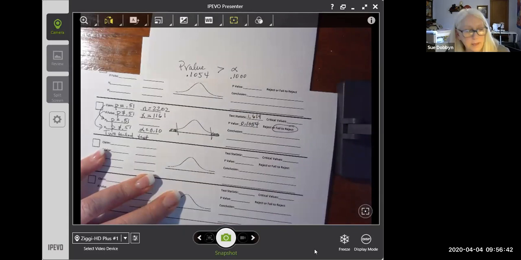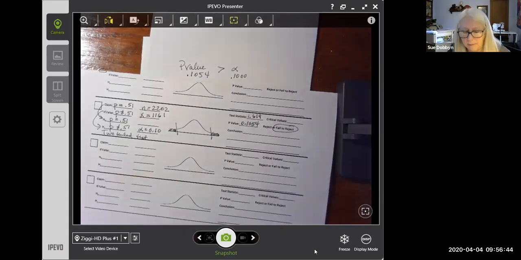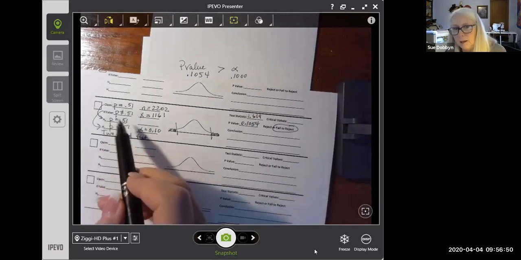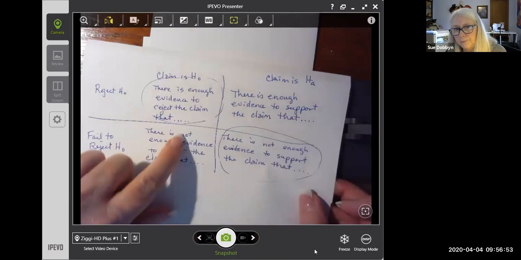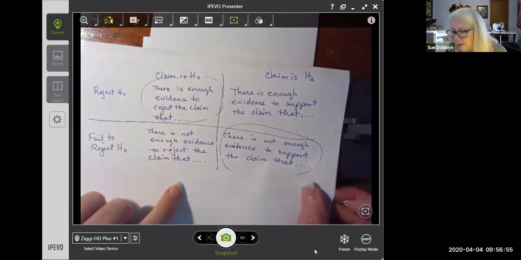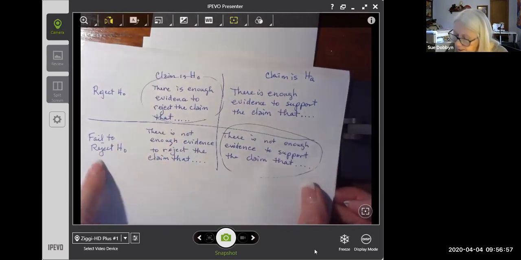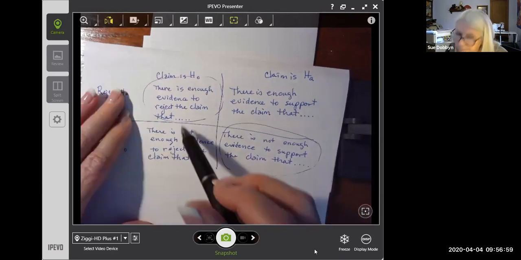All right, and then when I write my statement, the claim became the null, which means I'm in this column here. And we failed to reject the null hypothesis, so this time we want this one.